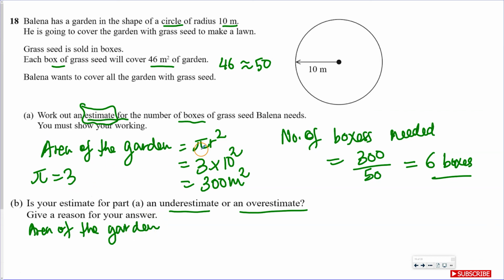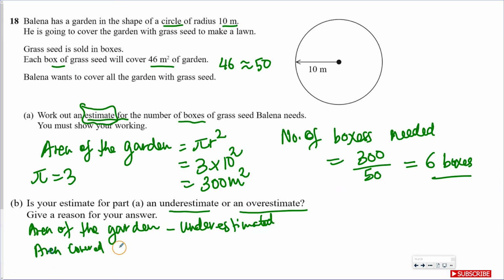Well, the area of the garden was pi r squared, and we made pi equal 3 instead of 3.147 and so on. So we underestimated the area of the garden. And then we divided by the area covered by each box.